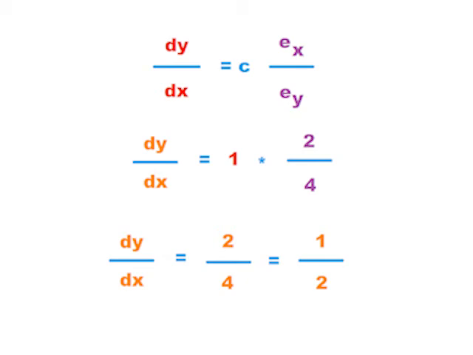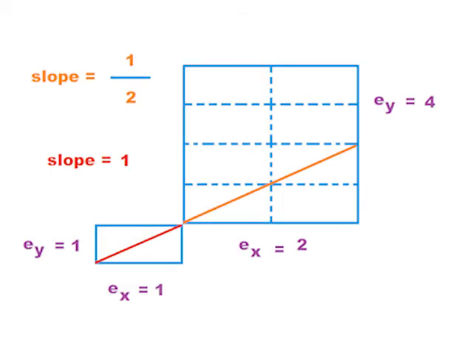Plugging in the ey and ex for the second block, we get dy over dx equals 1 times 2 over 4 for the second block. So dy over dx equals 1/2 for the second block. That means if we use a slope where the path goes up 1/2 of the block, the path will remain straight. The visual graphic seems to indicate that.